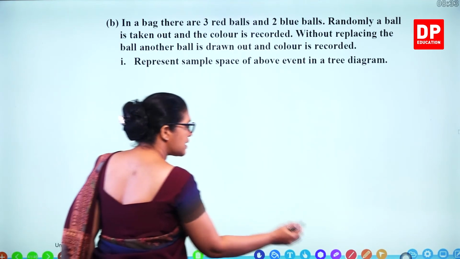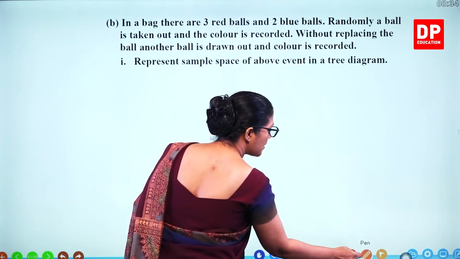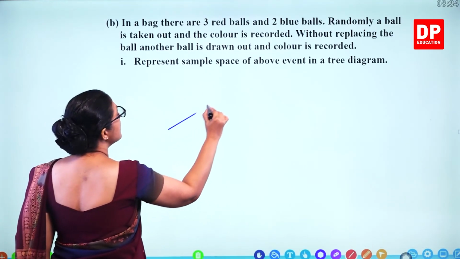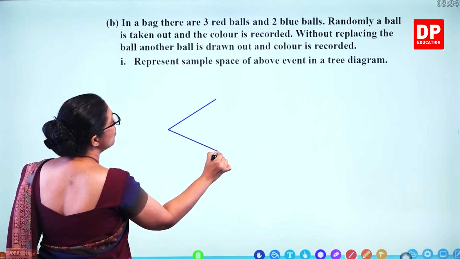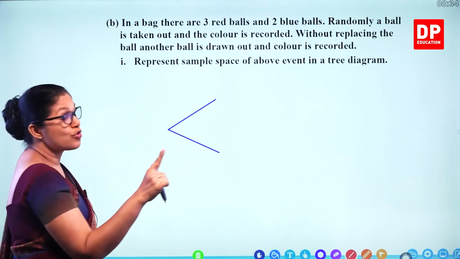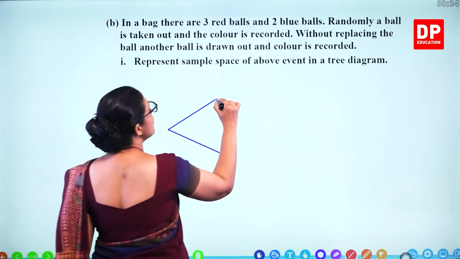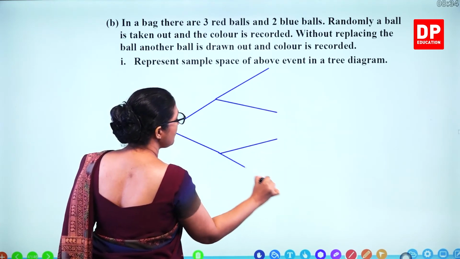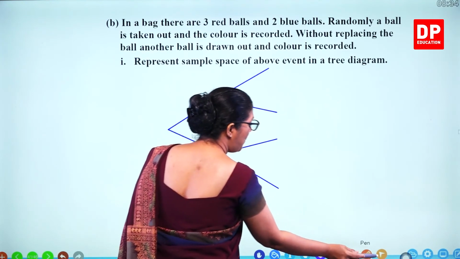So we'll take 2 branches, red and blue. And the next one also you can get red or blue. So another 2 branches. So we'll do at once. And then you have to label it.